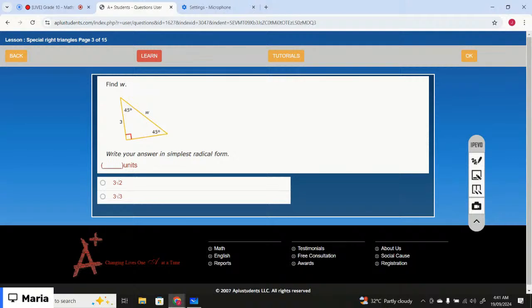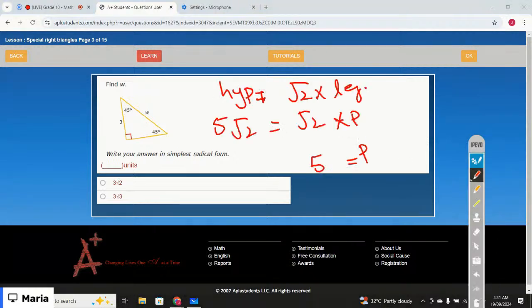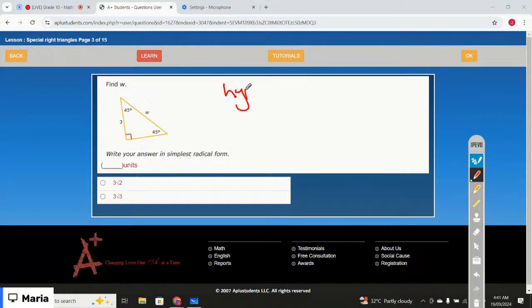Find w. So you have to use the hypotenuse, that is hypotenuse equals square root 2 times leg. So the leg is 3. So that is w equals 3 square root 2.